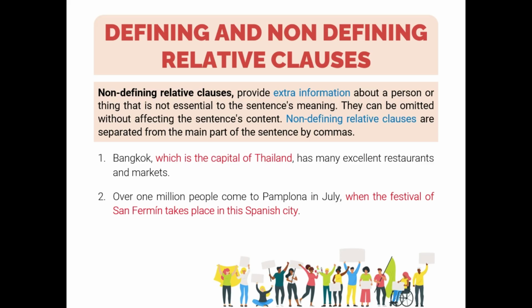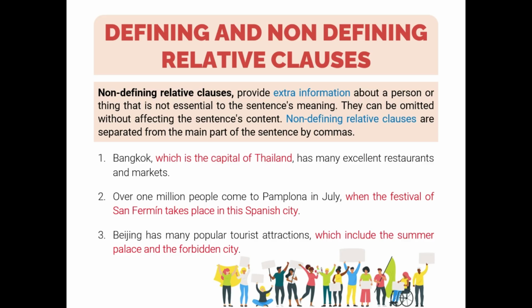As you might have noticed, our noun is July, which is a period of time. That's why we are using when as our relative pronoun to introduce our non-defining relative clause. Number three, Beijing has many popular touristic attractions, which include the Summer Palace and the Forbidden City.